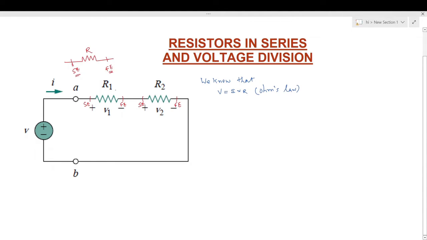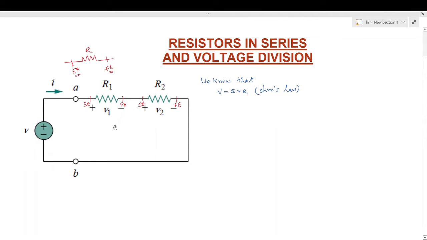So to find out the equivalent resistance of this circuit, we need to apply Kirchhoff's voltage law. Kirchhoff's voltage law states that in a closed loop circuit, the algebraic sum of the voltages in that closed loop will be equal to 0.